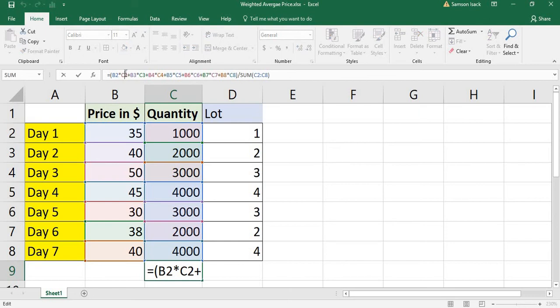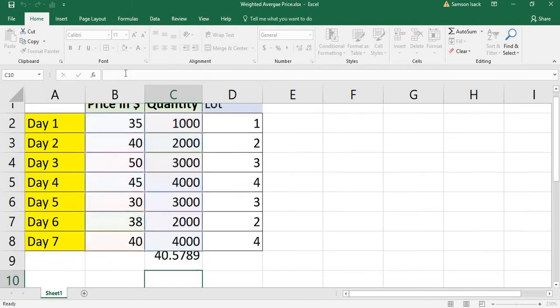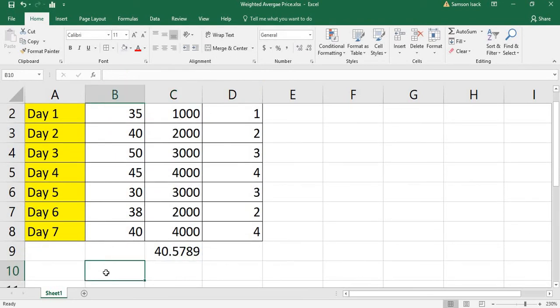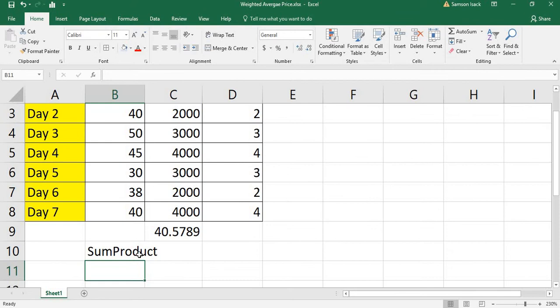But if it happens to be a huge list, then it will be very difficult to keep multiplying and adding. For that, we have the function called SumProduct. I'm going to use the SumProduct function.